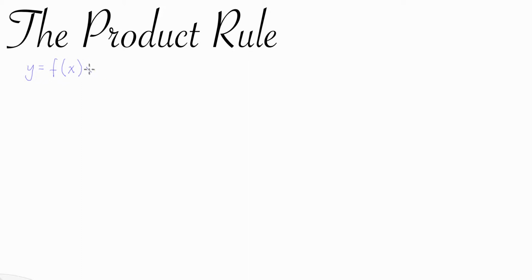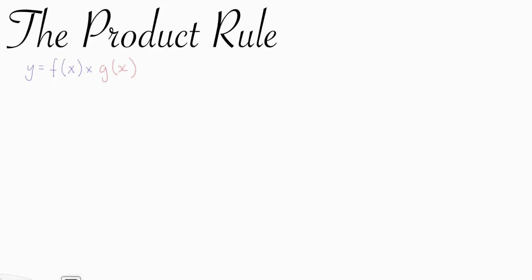So I'm going to write f of x times g of x. So the product rule is used for differentiating functions which are a product of two smaller functions, or inside functions you'd say.